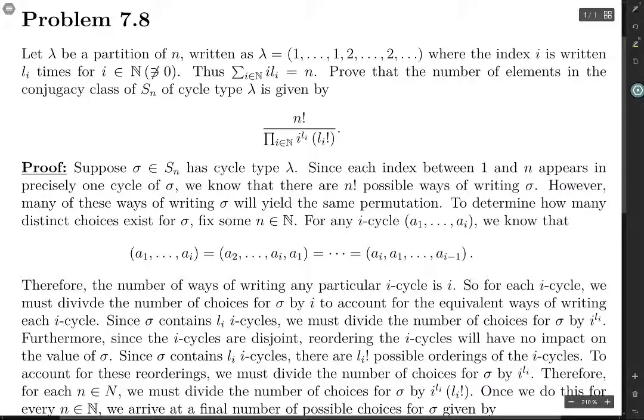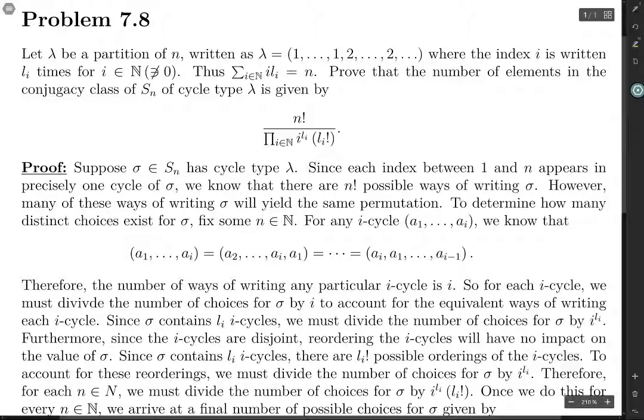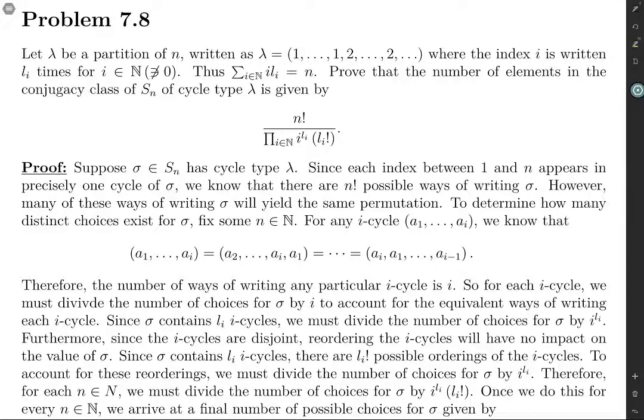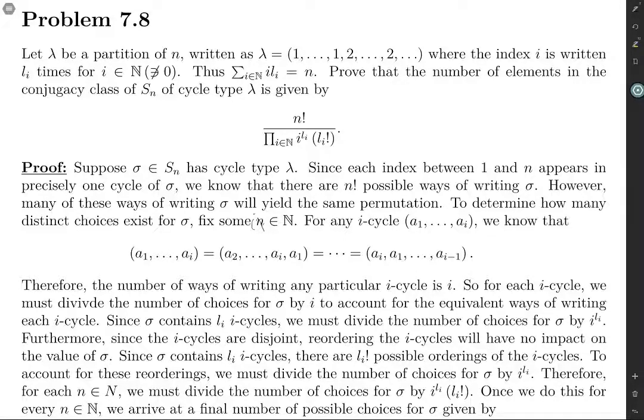So for example, if you fix some particular index n, this should be an I. I made this mistake earlier in this write-up, there were some times where I had written n when I meant I. This is another one that I didn't catch.